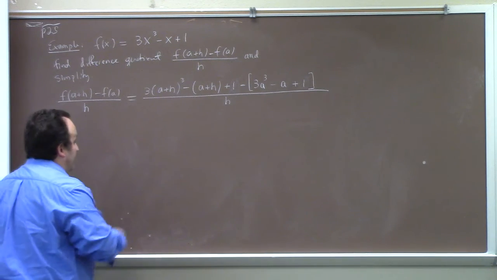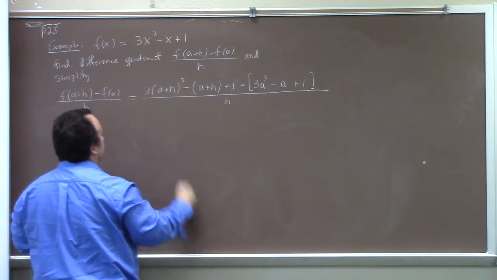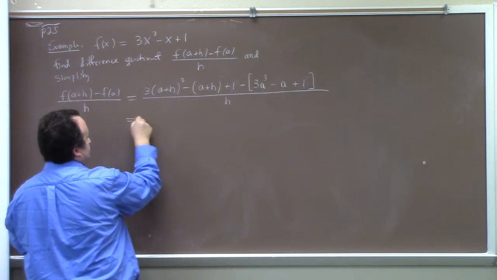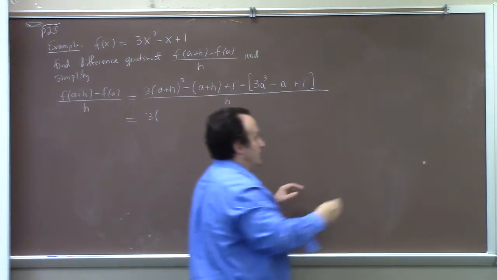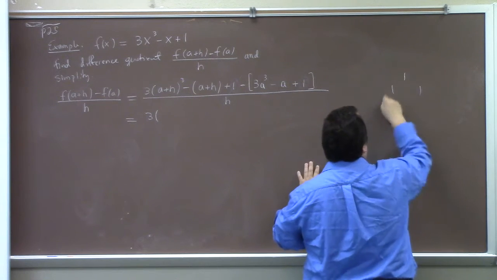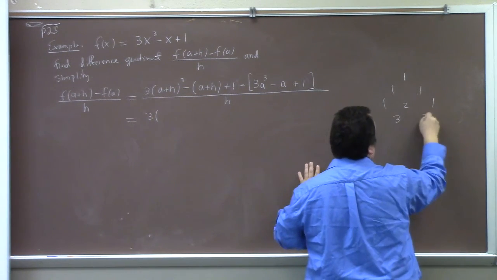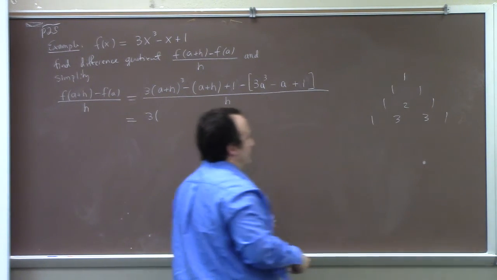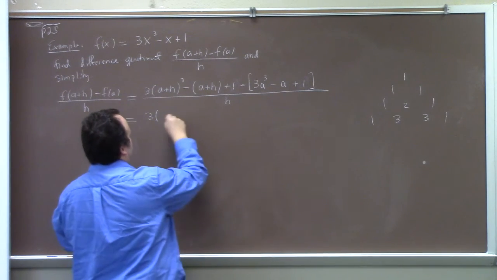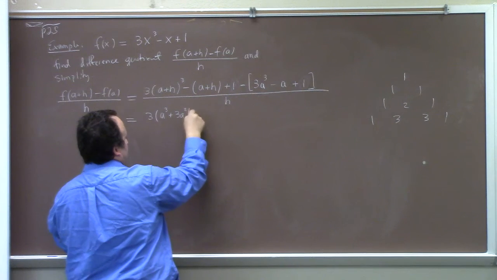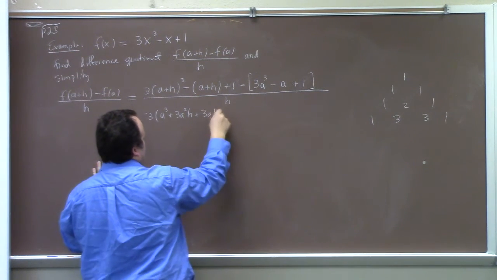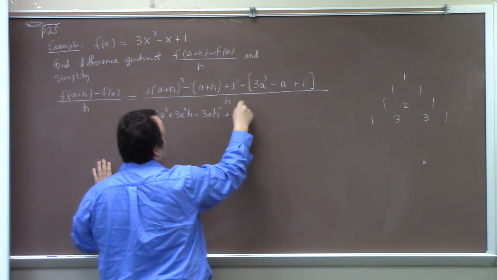Can you guys tell me what a plus h cubed is? I usually think about Pascal's triangle, and that tells me this is a cubed plus 3a squared h plus 3ah squared plus h cubed.